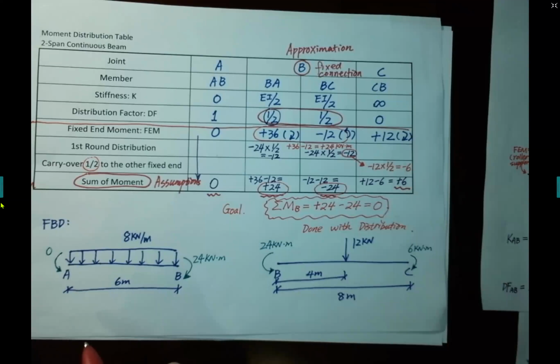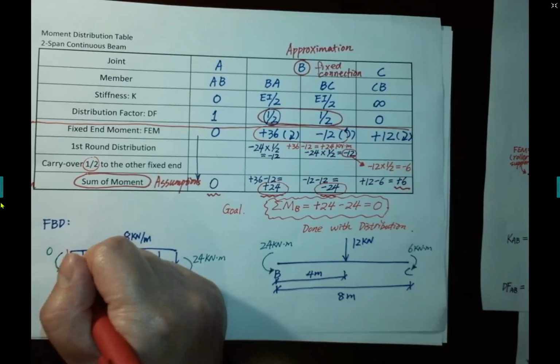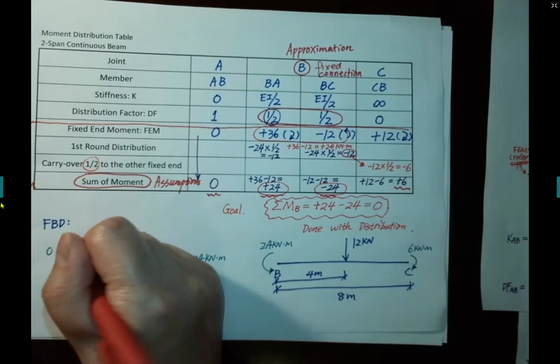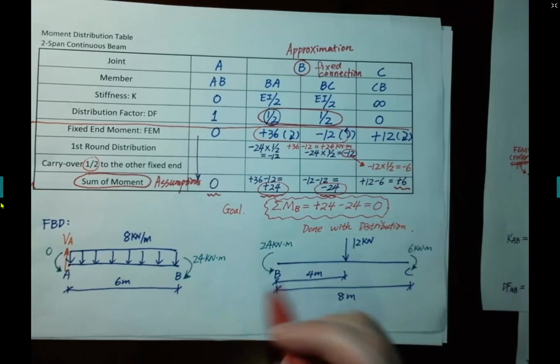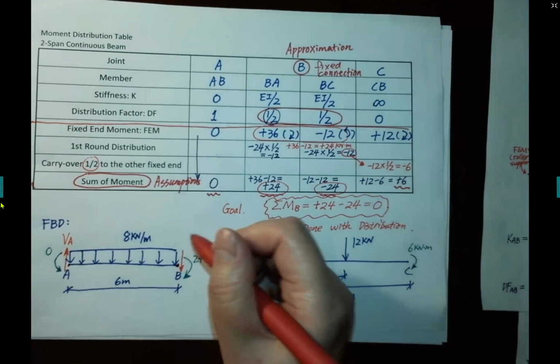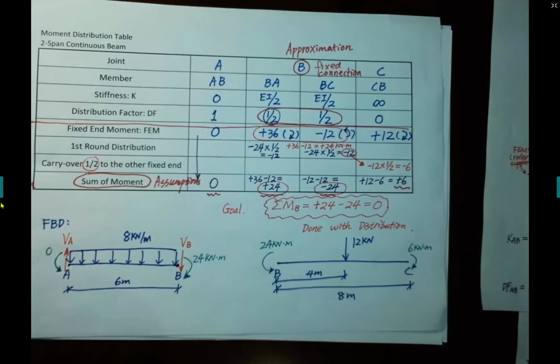For internal forces, positive shear means the left end up and right end down. That's the positive shear direction.